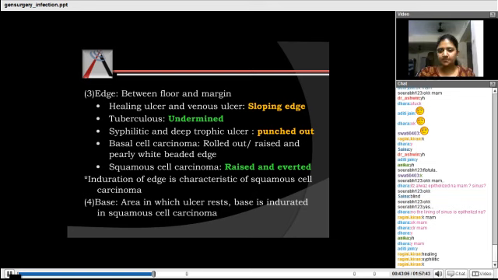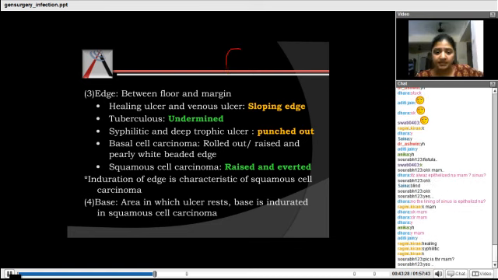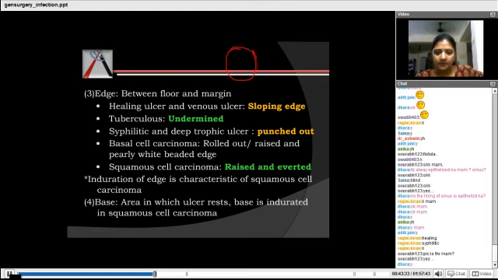Then edge. Edge is what is between the floor and the margin. Margin was what? The junction between the normal tissue and the ulcer. If you think of your general surgery times, visiting your patients and you have seen a huge ulcer, that will be the floor. The margin is the border between the normal tissue and the ulcer.